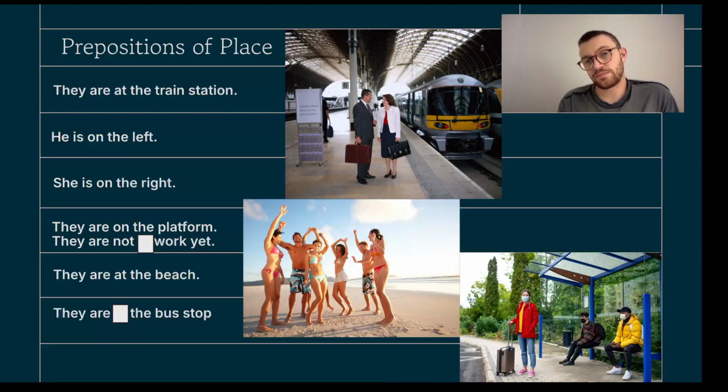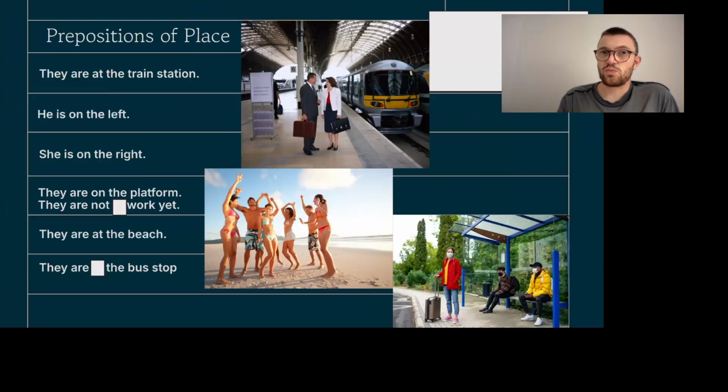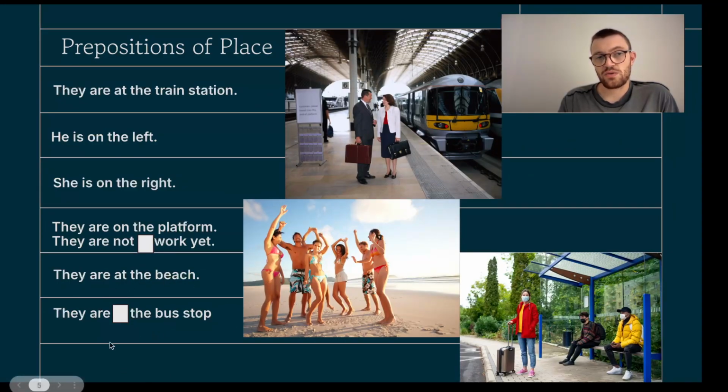Now, these people, in the last picture, we've got 3 people sitting, waiting for a bus. And which preposition should we use for a bus stop? They are at the bus stop. They are waiting at the bus stop, waiting for a bus. You could say that these two guys are sitting down and they are under the shelter, right?